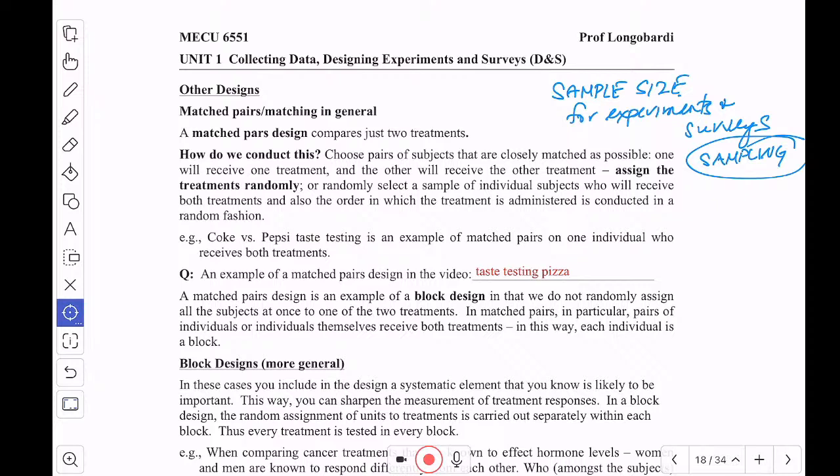So the classic example for matched pairs in human subjects is to use twins.